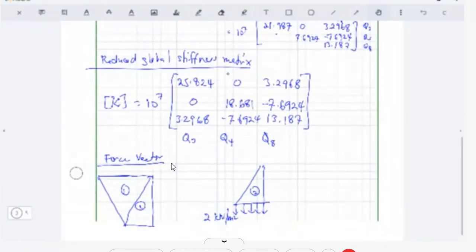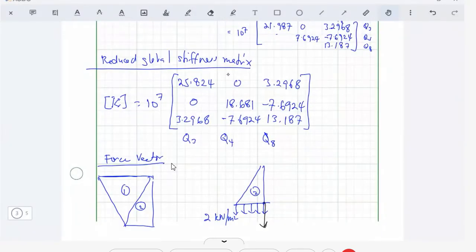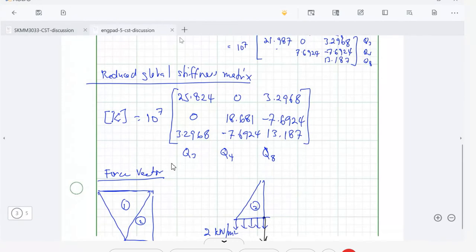This is a concentrated load of 10 kilonewton. Note that 10 kilonewton is for the whole structure. Betul tak? If you look at the original question, that 10 kilonewton is for the whole structure.